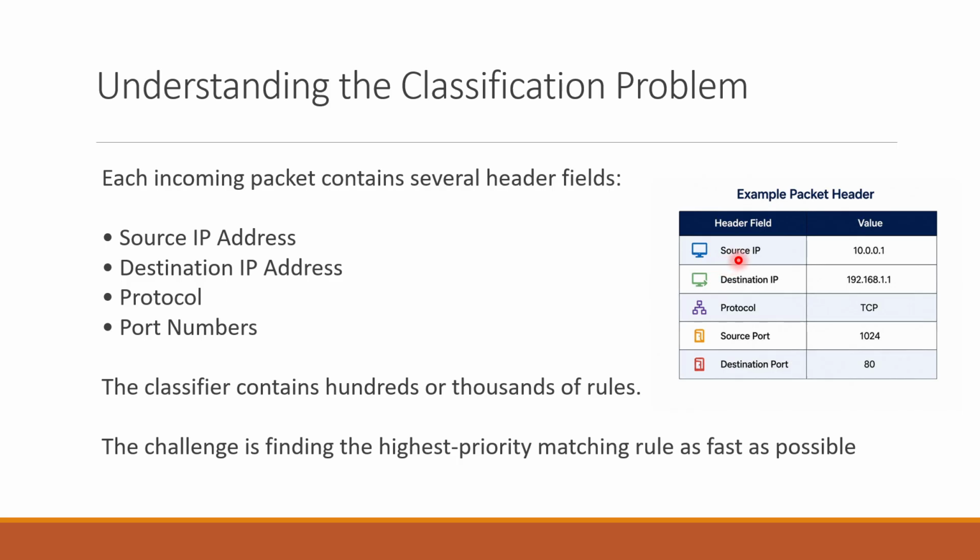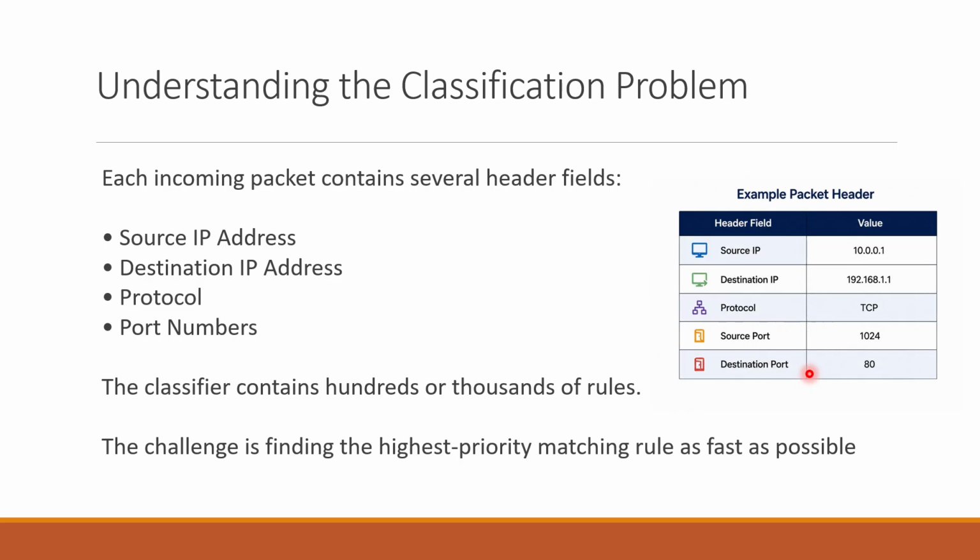We will check the source IP that sent this packet, and we will find it is 10.0.0.1. Then where does this packet go, in which direction or to which destination? We will find the destination IP is 192.168.1.1. Then the protocol: we can see it comes through TCP.